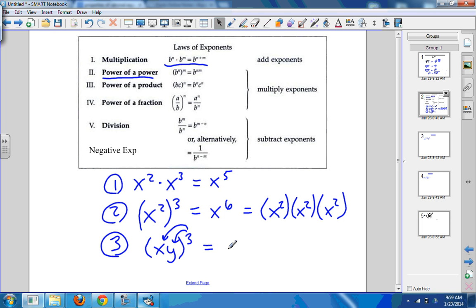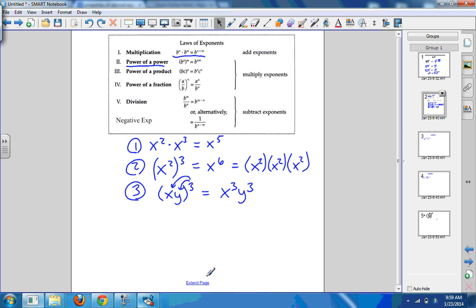So x to the third power, y to the third power. If I have some numbers in there as well, say 2xy to the second power, it would be 2 squared, x squared, y squared, and we can simplify that. 2 squared is equal to 4, right?